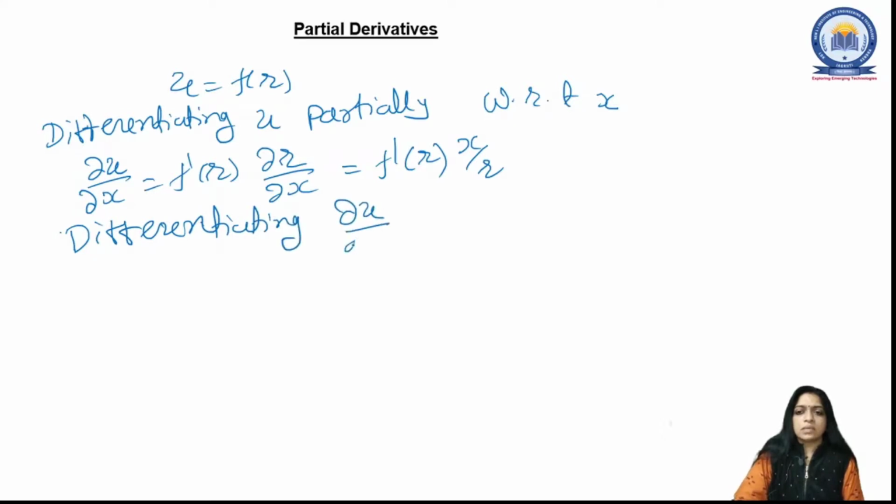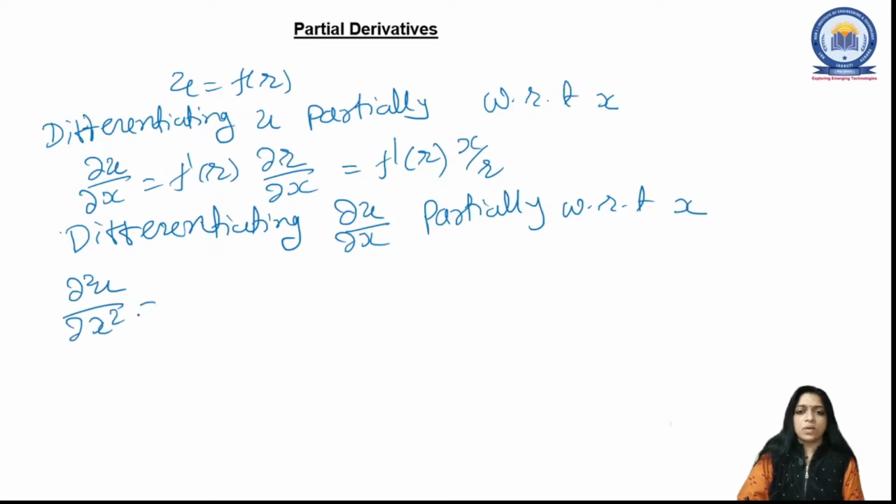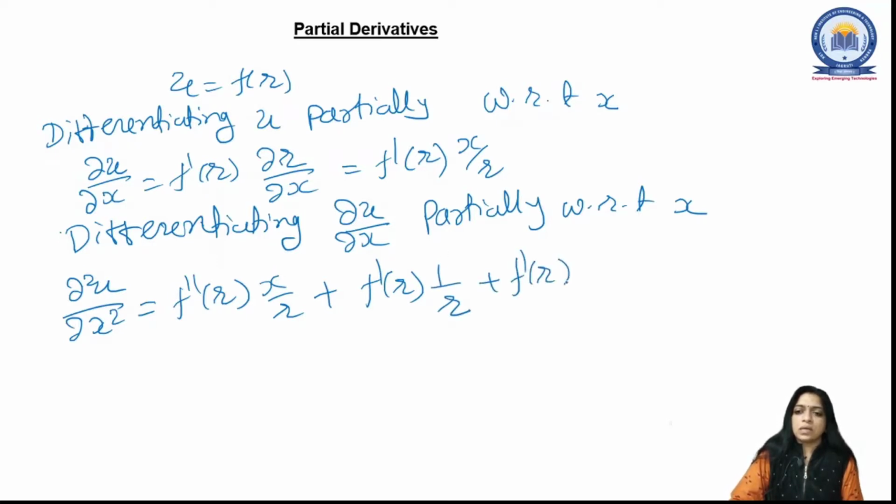Okay, now differentiating del u by del x partially with respect to x again. So del square u upon del x square is f double dash r times x upon r, keeping it the same, plus f dash r into 1 upon r, since the derivative of x is 1, plus f dash r into x and the derivative of 1 upon r, that is minus 1 upon r square, into del r by del x.